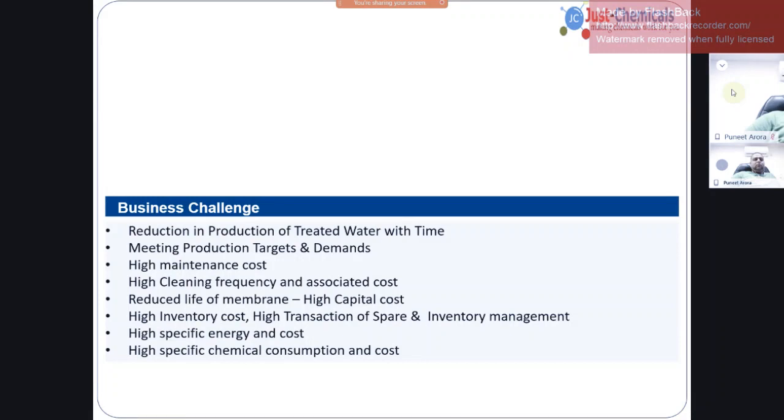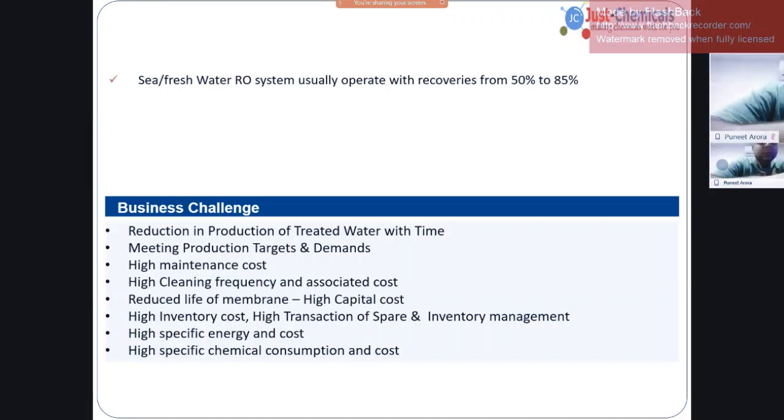So what to understand here? Seawater or freshwater RO system usually operates with the recovery of 50 to 85%. A seawater RO system will have a recovery of about 50%, while freshwater RO system may go up to 85%.